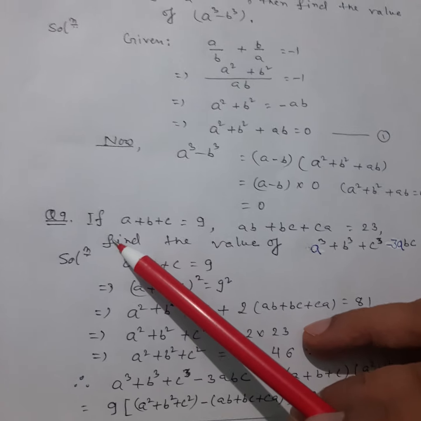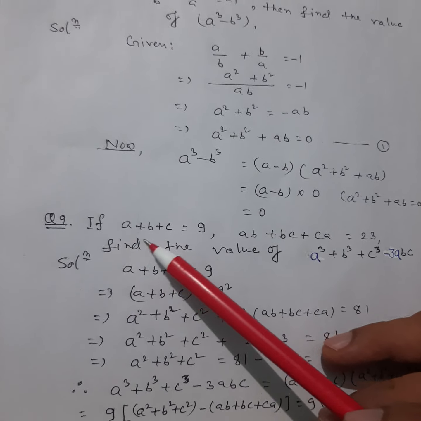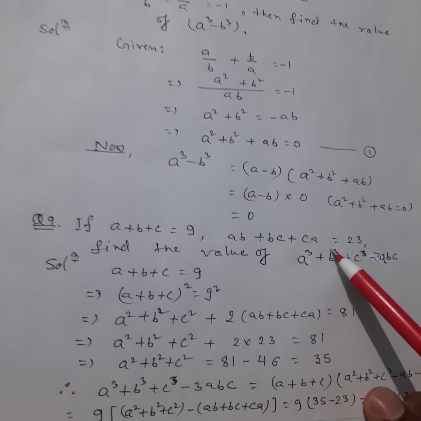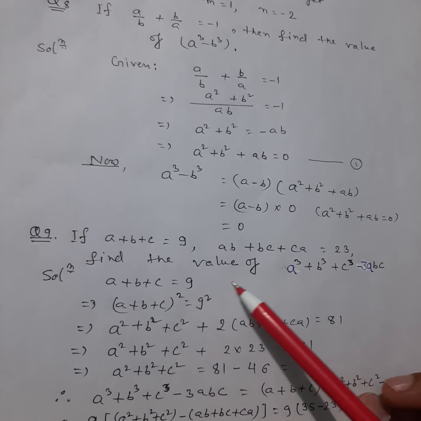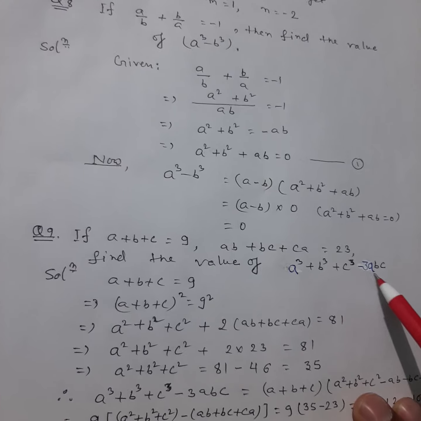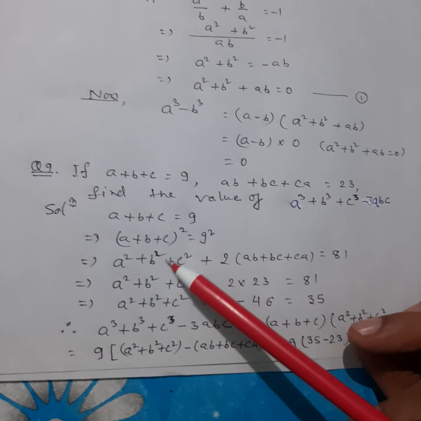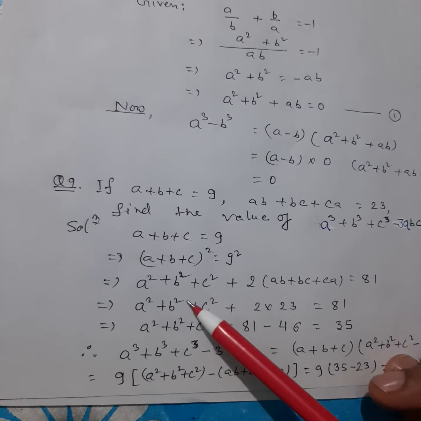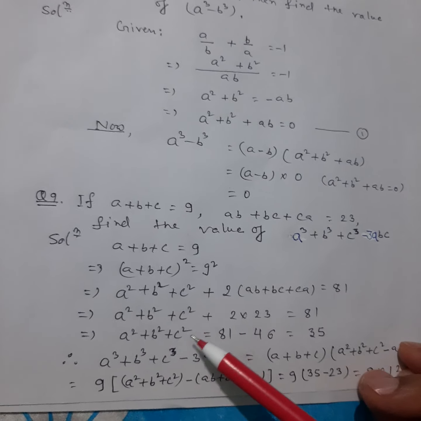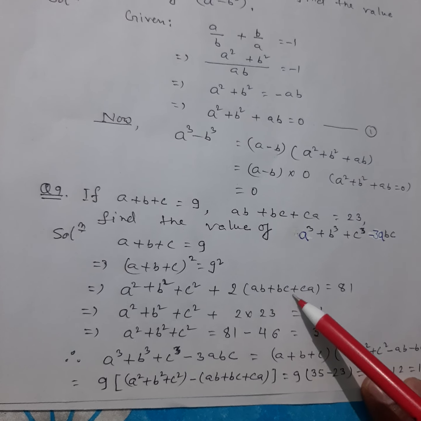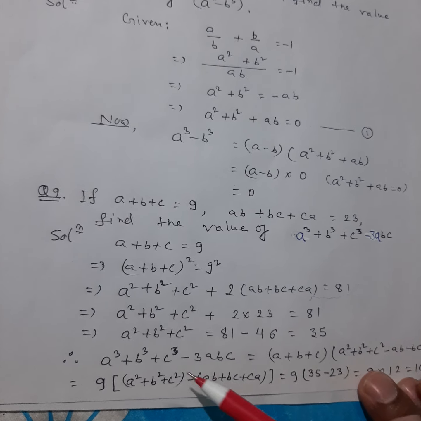Now the last question, question number 9. a + b + c = 9, ab + bc + ca = 23. Find the value of a³ + b³ + c³ − 3abc. a + b + c = 9. Squaring both sides, we get a² + b² + c² + 2ab + 2bc + 2ca = 81.